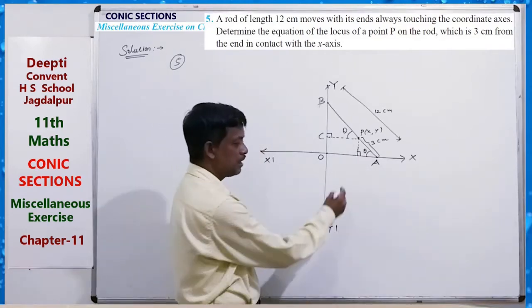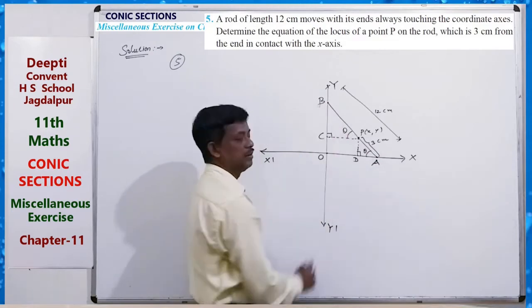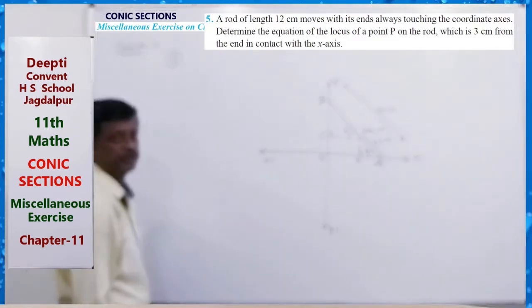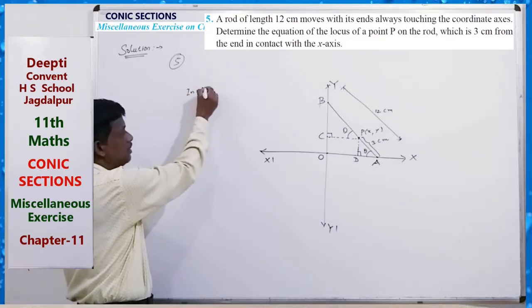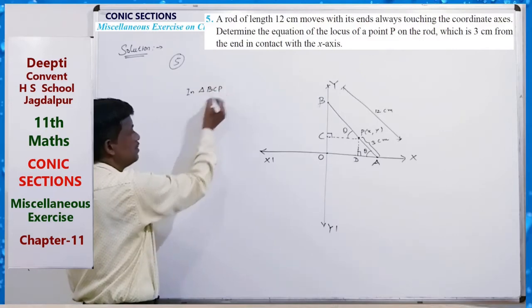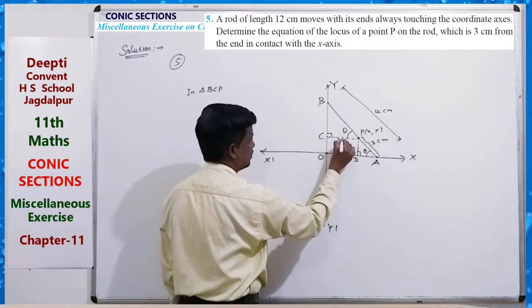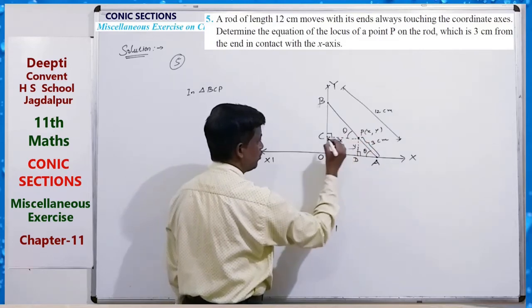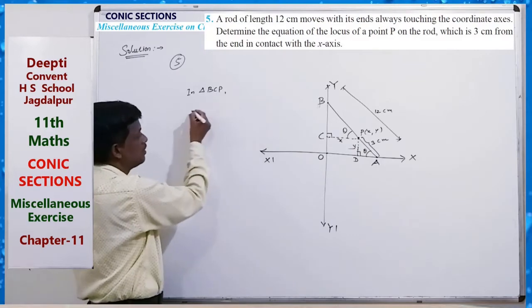In triangle BCP, this value is x, this value is y.